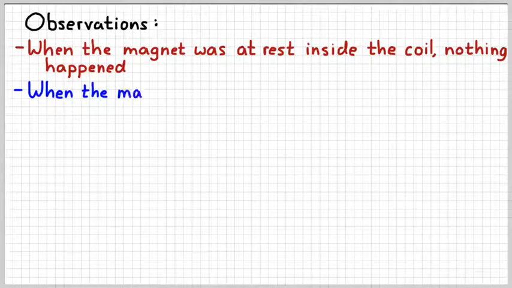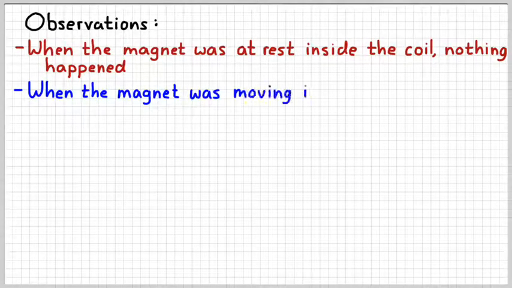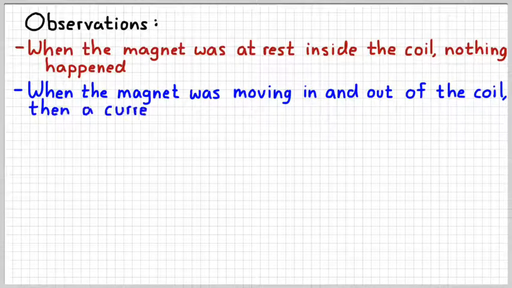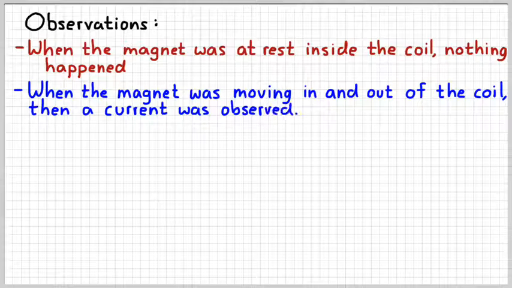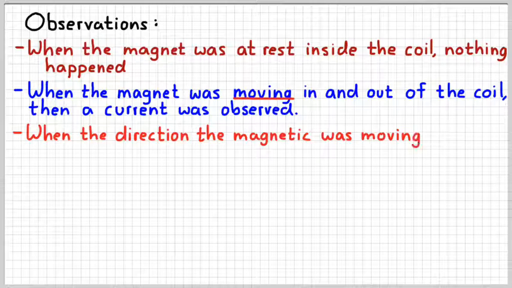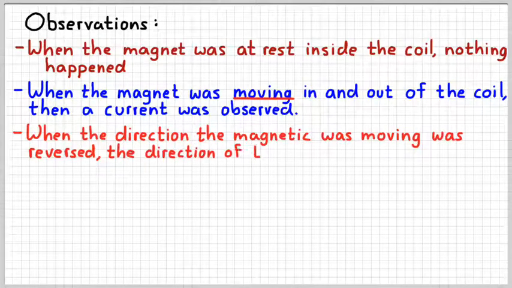But he noticed that when the magnet was moving, keyword moving, in and out of the coil, then there was actually a current created. So again, keyword here is that the magnet had to be moving in order for this to happen. He also noted that when the direction that the magnet was moving was reversed, the direction of the current was reversed as well.